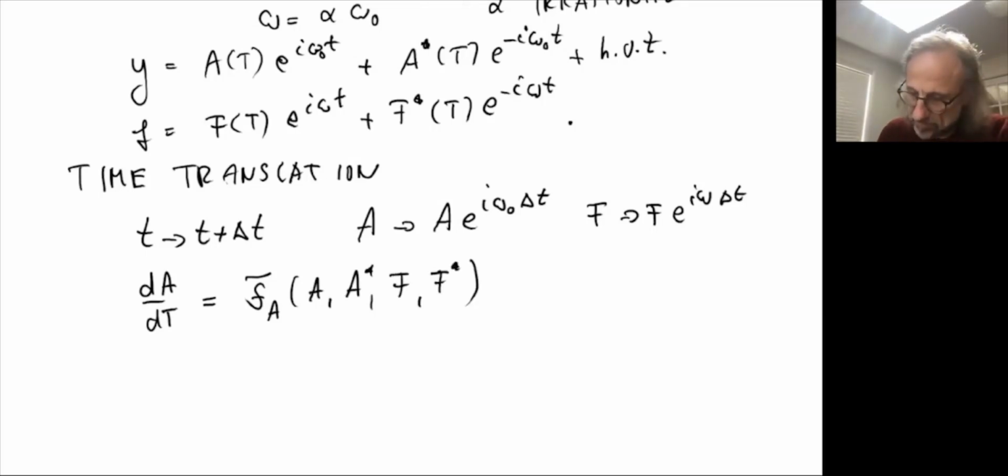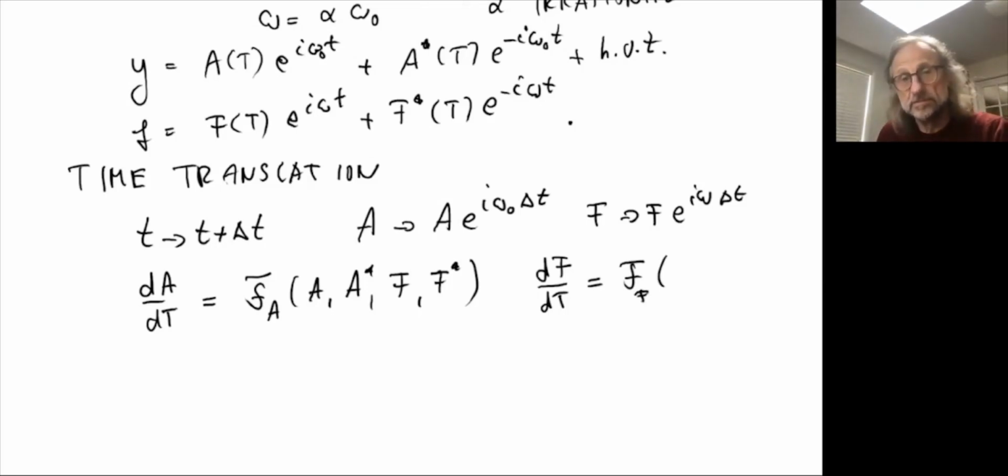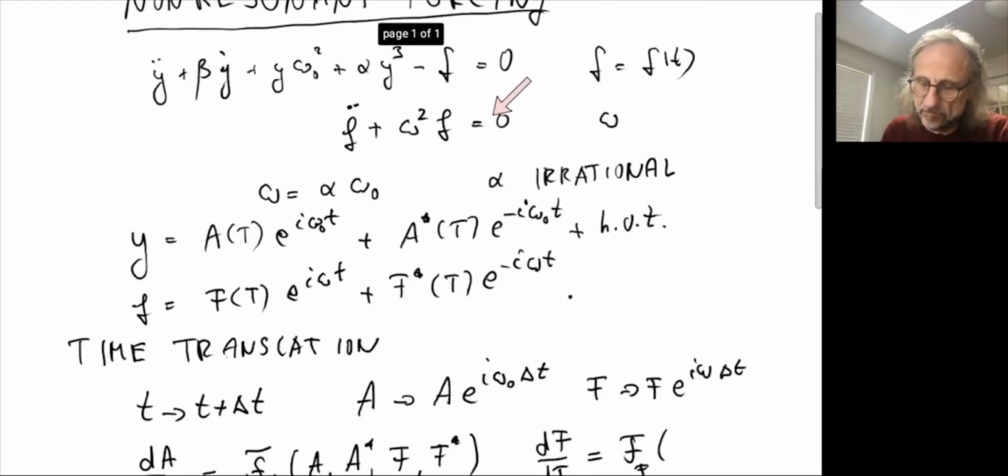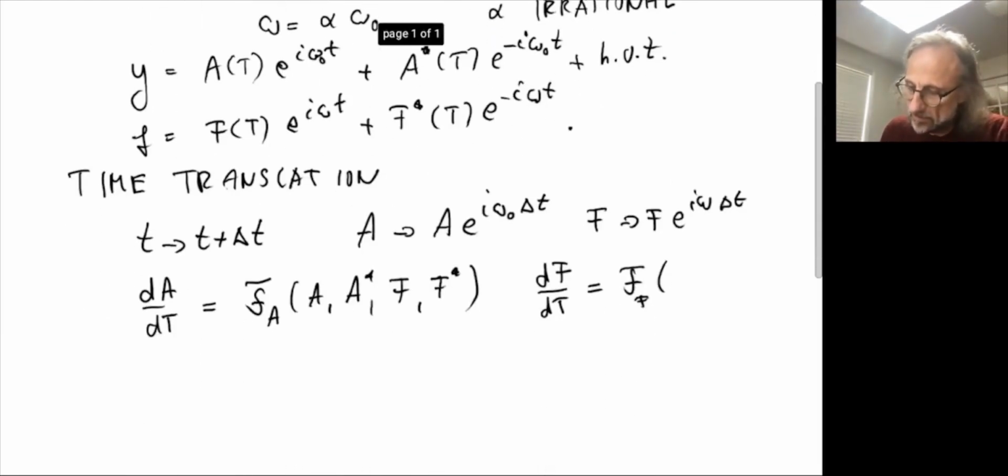And similarly, there's an equation for F, which is curly F, which depends on, well, in principle, in the most general case, this would also depend on A. But in our case, we really just have this additional equation for F, which is not coupled back to A. And so this only depends on F and F star.